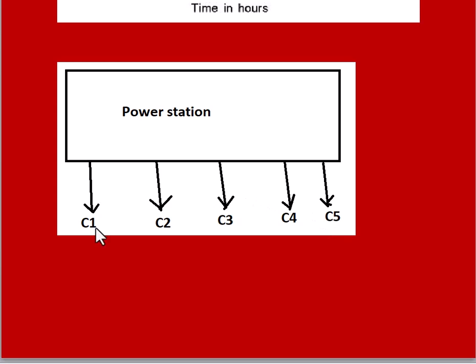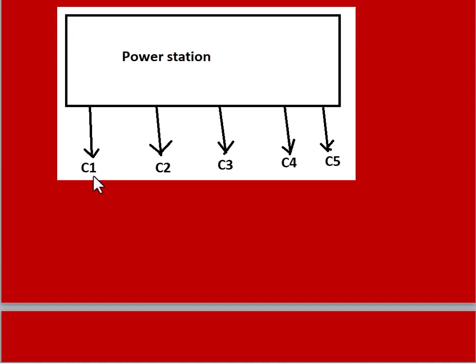A consumer may be a house or an office, and these consumers will have different loads like fans, ACs, lights, mixers, etc. These consumers will use those loads at different times. Sometimes they use maximum, sometimes minimum, sometimes no load.